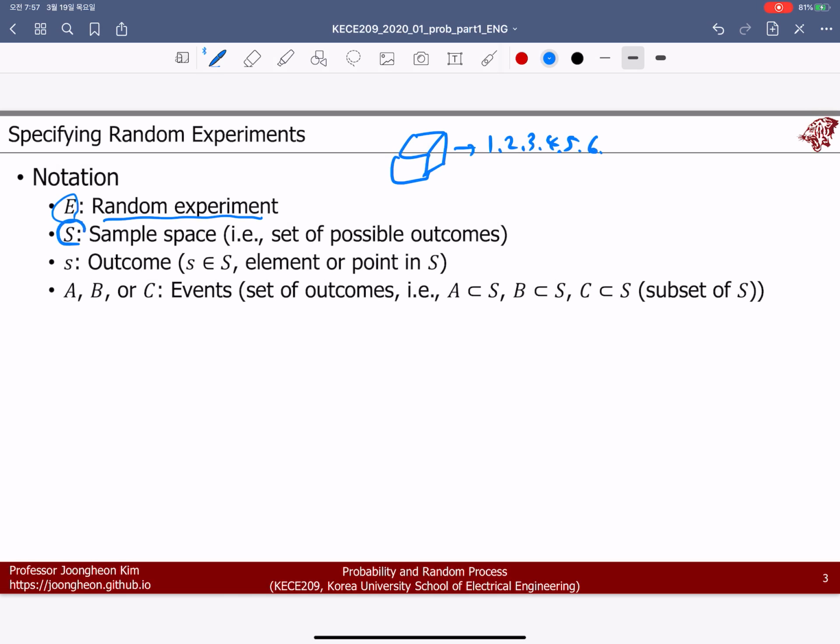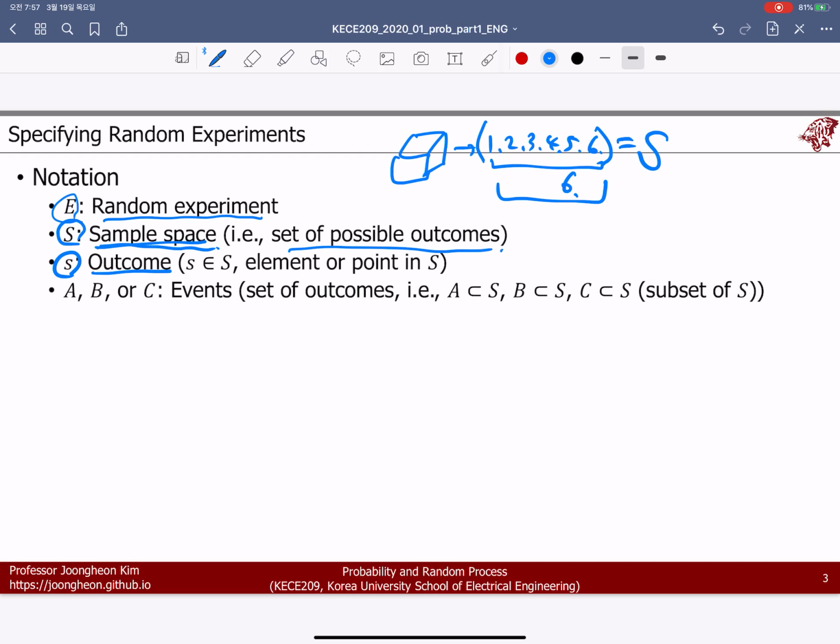And S means a sample space. Sample space means the set of possible outcomes. Here we have 6 possible outcomes. That's why this is called the sample space, and it is denoted by capital S. Okay, and small s means an outcome. The outcome is an element of this sample space.